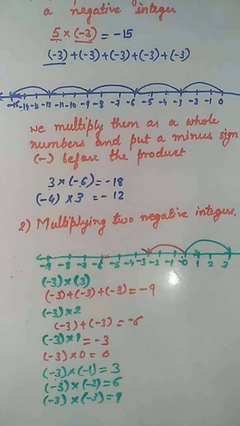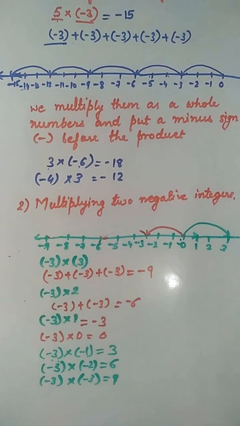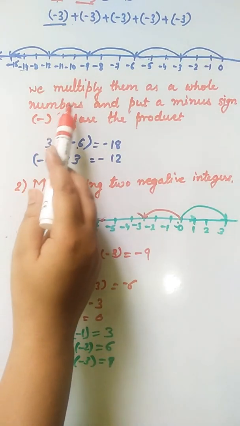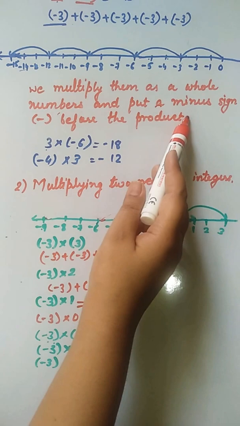So I hope you all have understood. Through this pattern we deduced a rule: whenever we multiply two negative integers, we multiply them as a whole number and put a positive sign before the product. In the earlier case we multiply them as a whole number and put a minus sign.